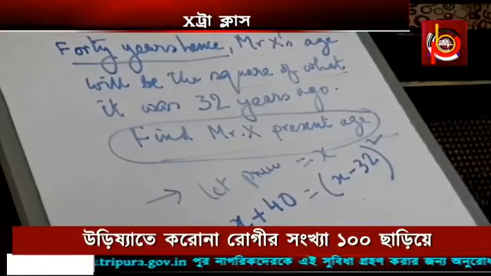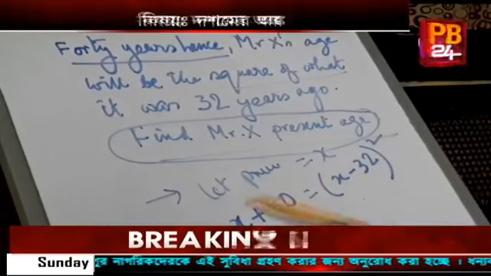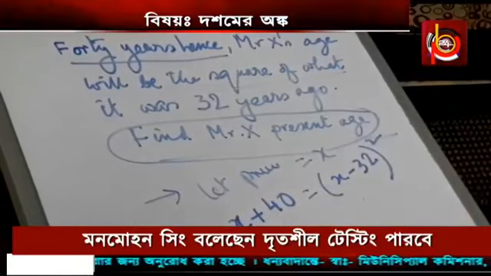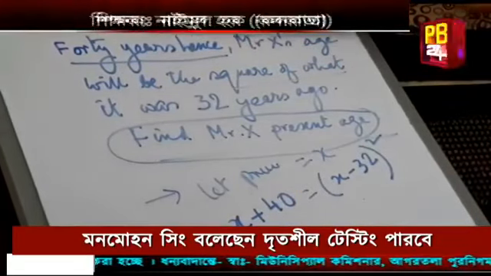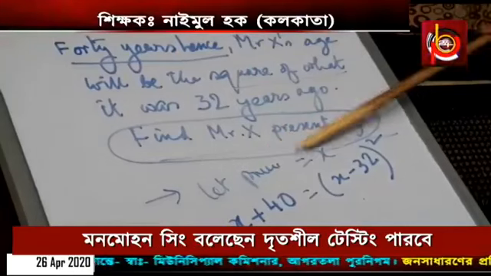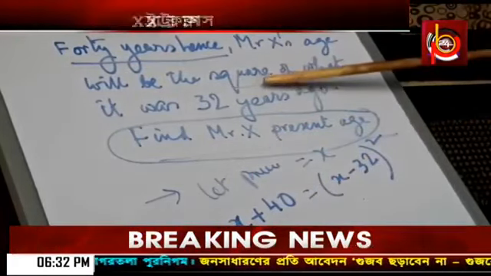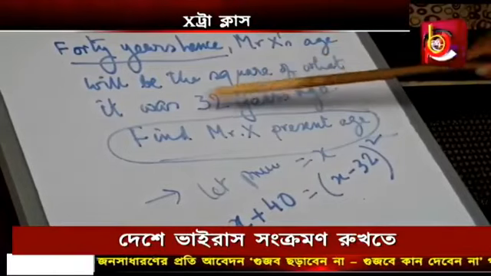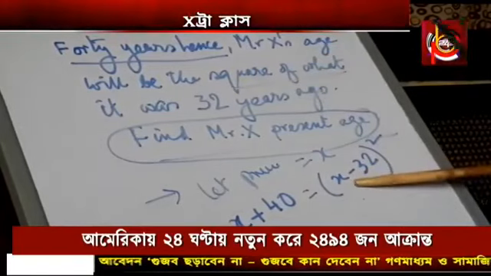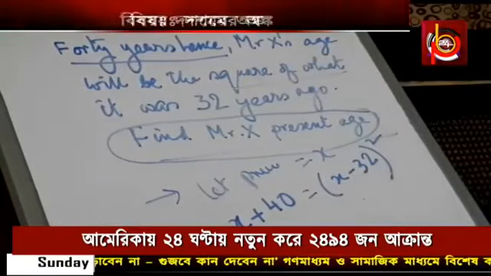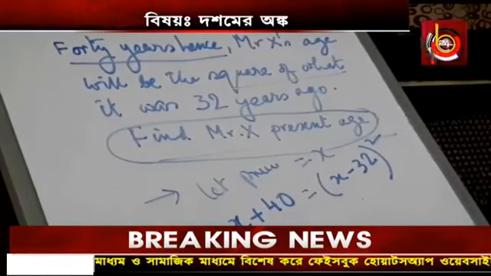See, this is the very important line of this sum, because this is the equation formation. 40 years hence, if his present age is x, means x plus 40, that should be equal to the square of what it was 32 years ago. So (x minus 32) whole square. And now I can do this sum very easily.